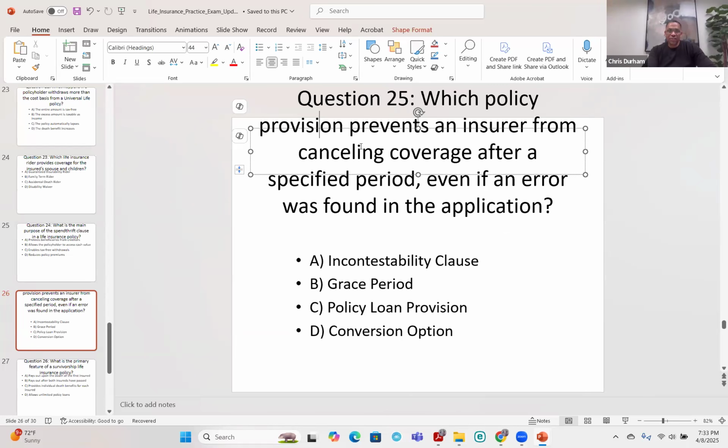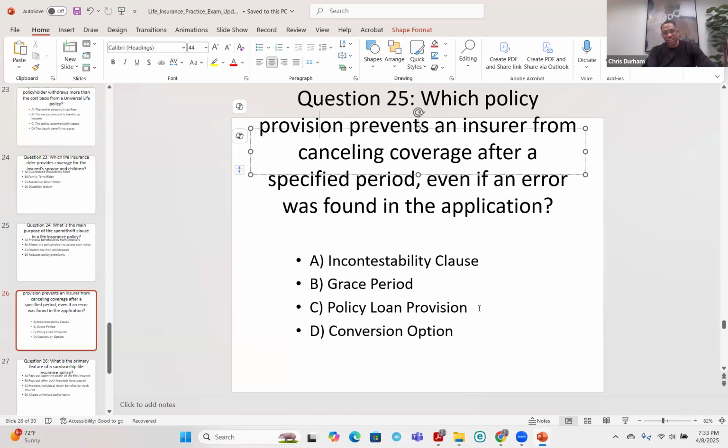Canceling coverage, meaning, because normally when you see incontestability clause, that means they gotta pay a claim. But they're saying, over 2 years, the insurance company gotta pay regardless. They change the wording a little bit and say canceling coverage, but don't let that throw you off. Grace period is 30 days to pay your premium.